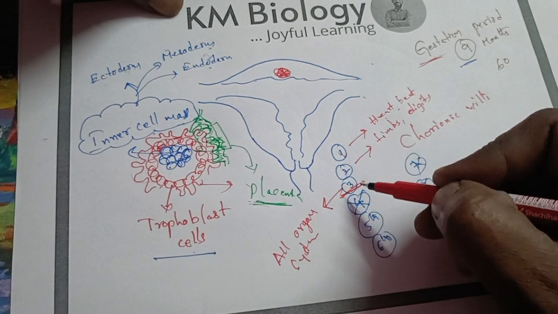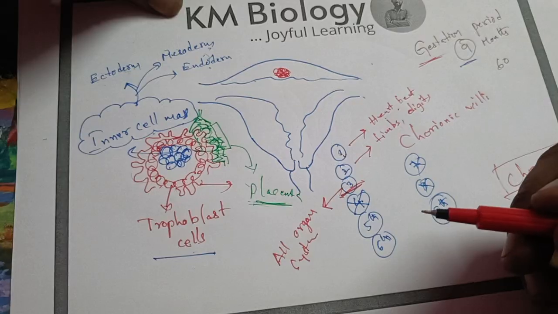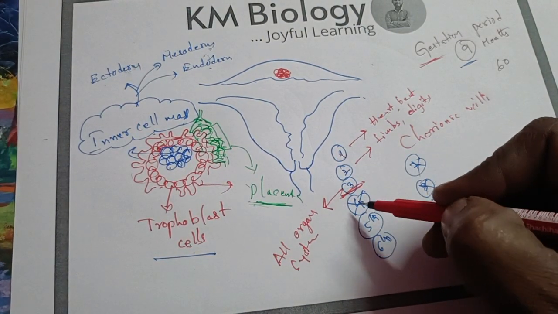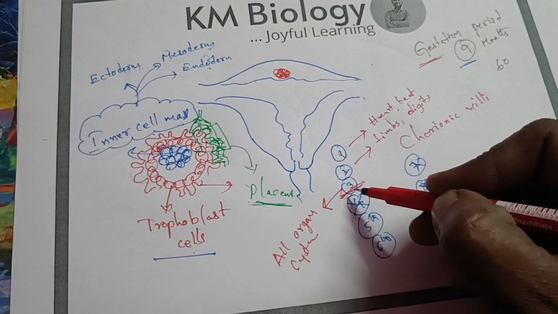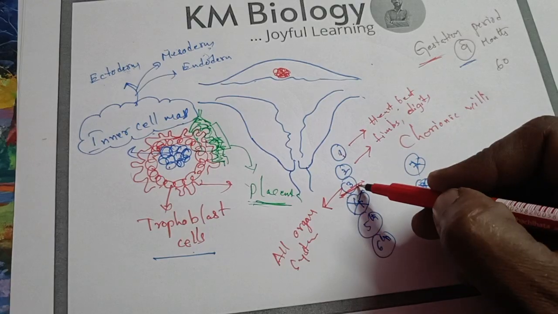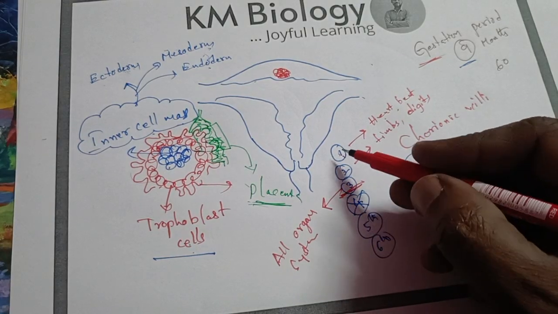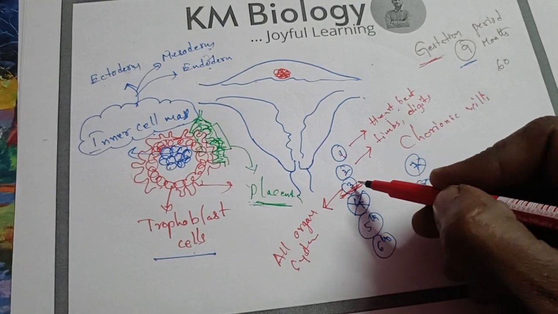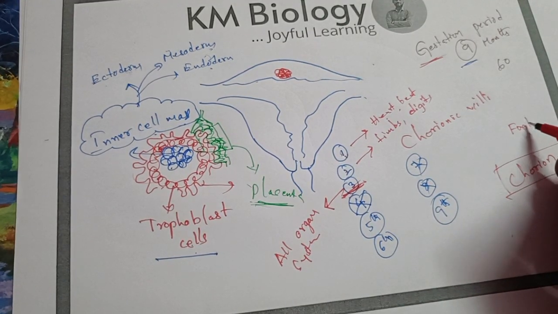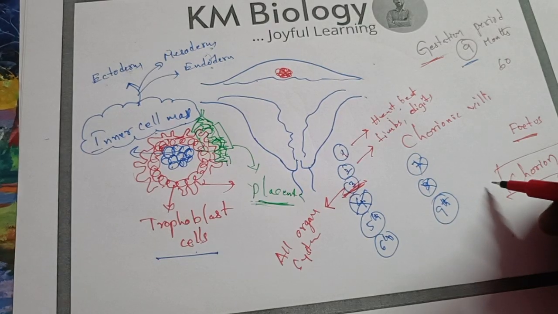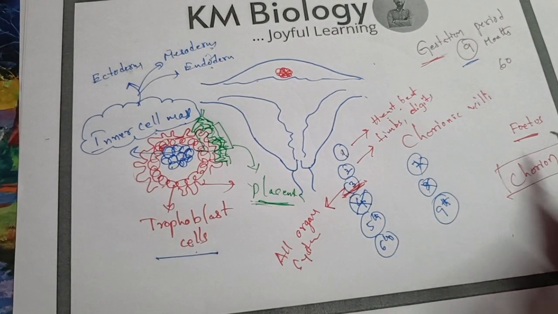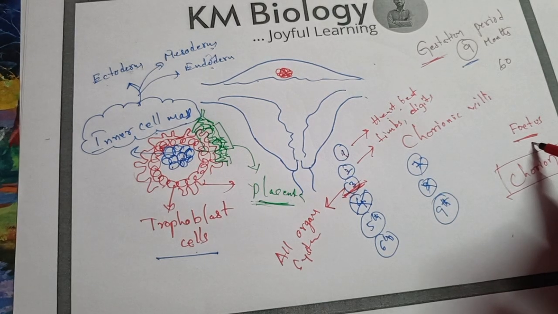So by the end of the third month, 1, 2, 3 months completed, this is called the first trimester. Semester, you might have heard. Semester means 6 months. Trimester means 3 months. So by the end of 3 months, you can see the formation of all organ systems in the embryo. From the third month of pregnancy, the embryo is called a fetus.